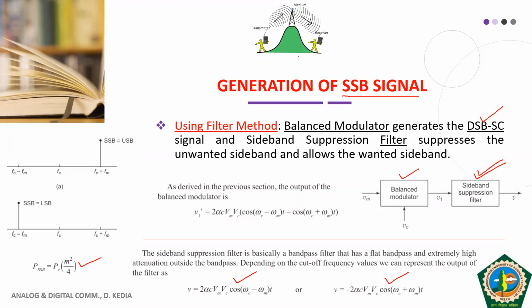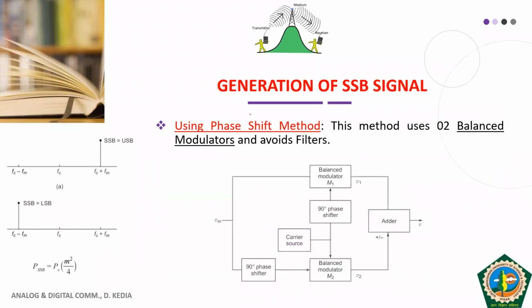So here also, apart from the filter method, we are looking into some other method that can give us a single sideband signal, and the phase shift method is a method in that direction. In the phase shift method, obviously we will be using balanced modulators, and this method avoids filters. That is the biggest advantage of the phase shift method. And in the phase shift method, we use two balanced modulators.